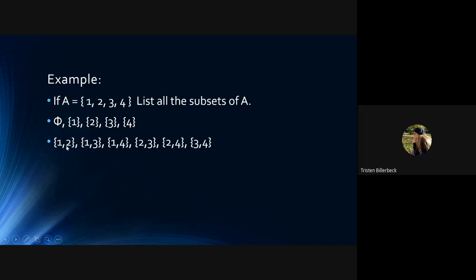There's the set of 1 and 2, 1 and 3, 1 and 4, 2 and 3, 2 and 4, and 3 and 4. But we're not done yet. There's the set of 1, 2, 3, and 1, 2, 4, and 1, 3, 4, and 2, 3, 4. But we're not done yet. And then there's the set of 1, 2, 3, 4. Now we're done. Those are all the subsets.